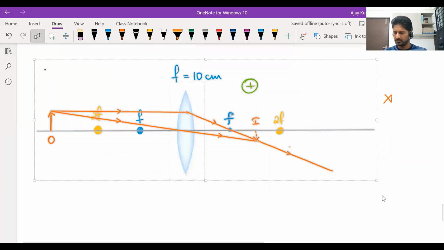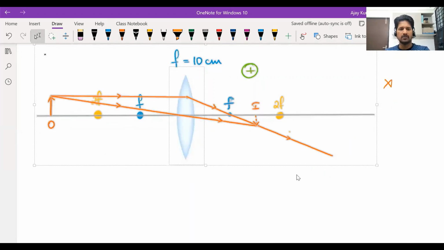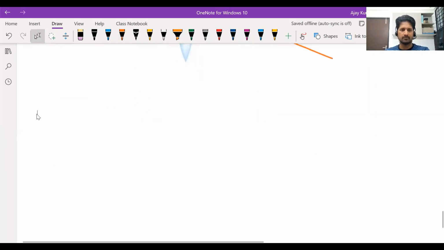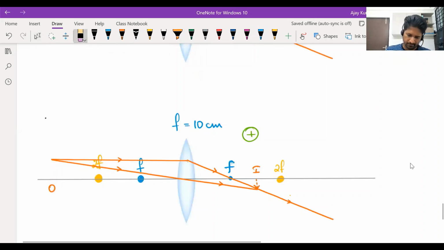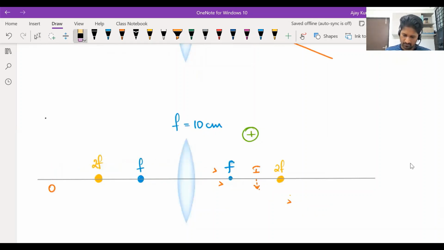Suppose the object is between F and 2F. Consider an object like this between F and 2F. Then again, basic ray tracing. One ray parallel to the principal axis should pass through the focus.